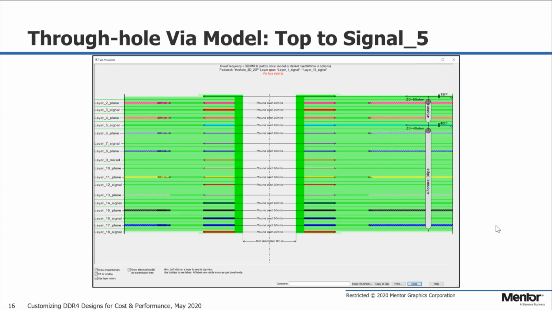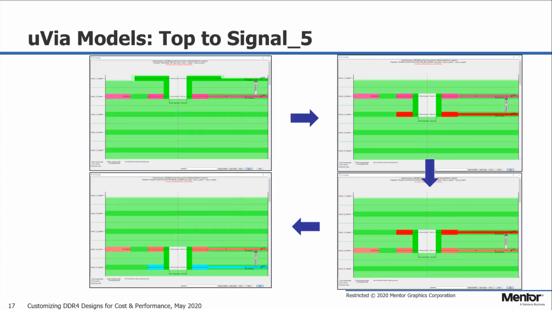Take a look at how the 20 mils pad and 8 mils drill through-hole via is being modeled with 45 ohms barrel impedance and also 38 picoseconds delay of stub. You would need 4 microvias to transition to layer 5, but these transitions are very short in delay.